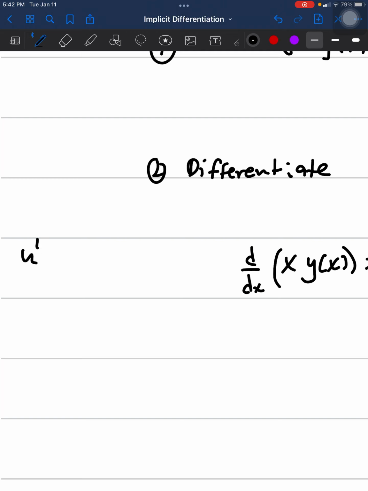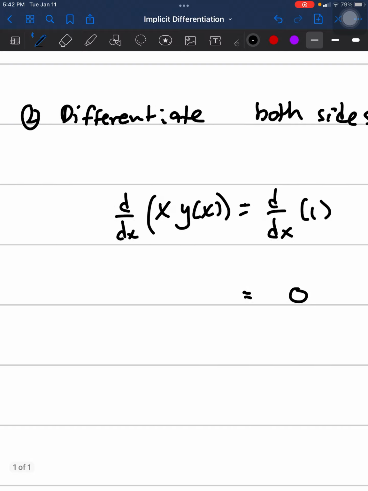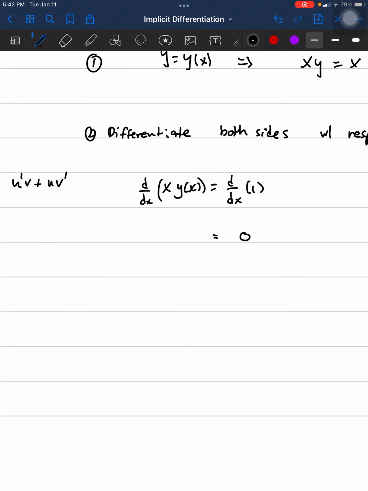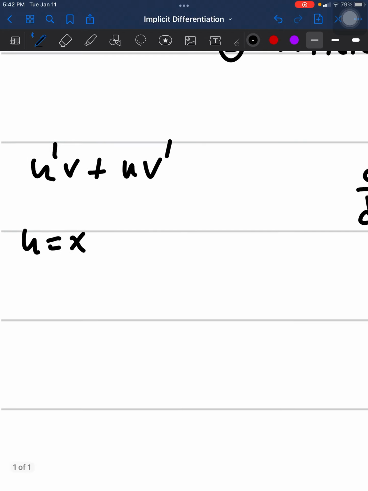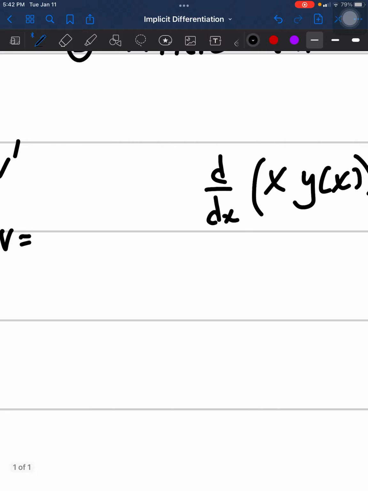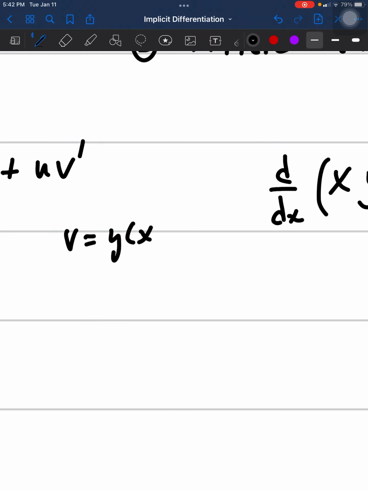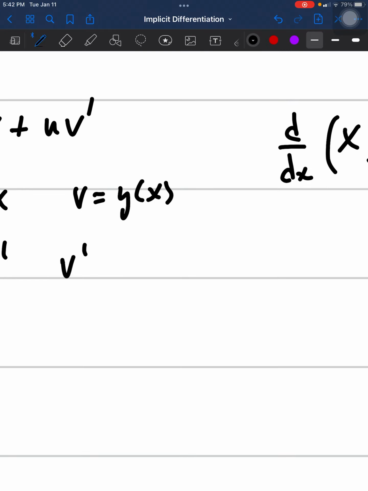The product rule says that you multiply the derivative of u times v plus u times the derivative of v. The two functions, u in this case, is going to be x. U is equal to x, so u prime is equal to 1. V is equal to y of x, and v prime is equal to y prime.